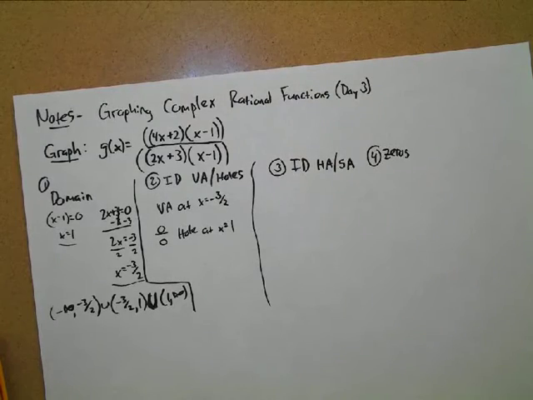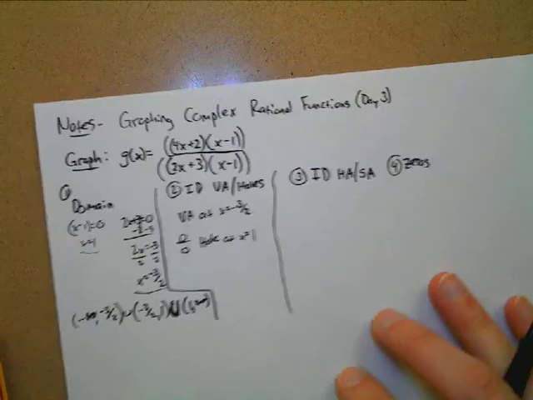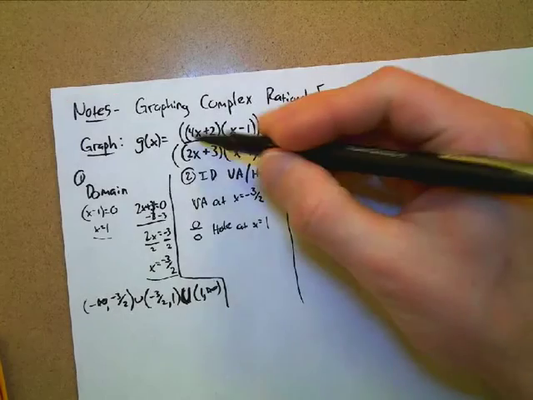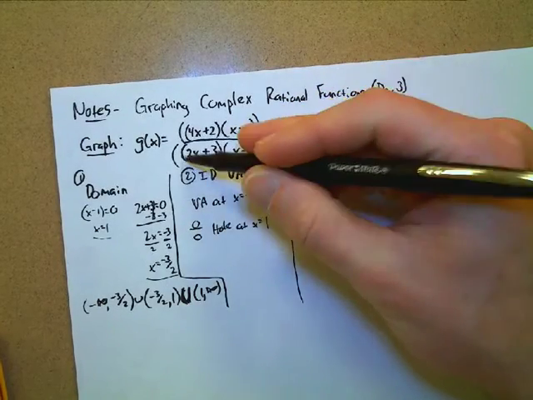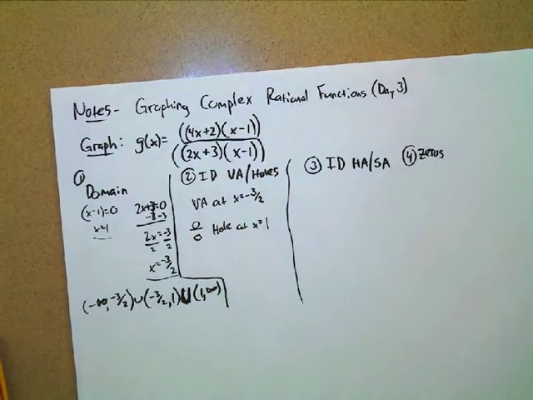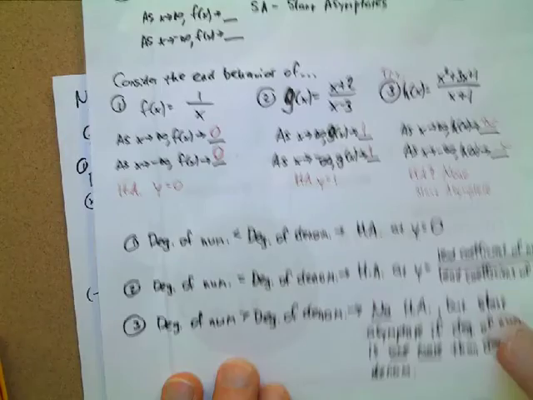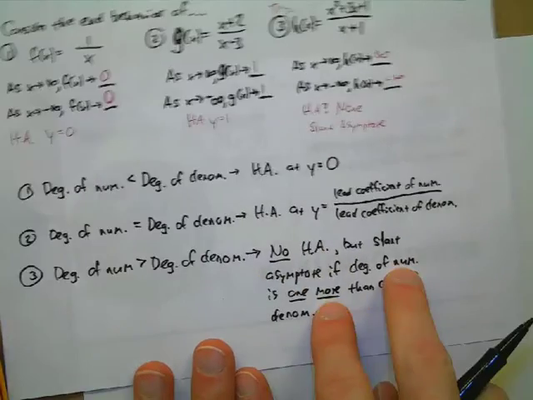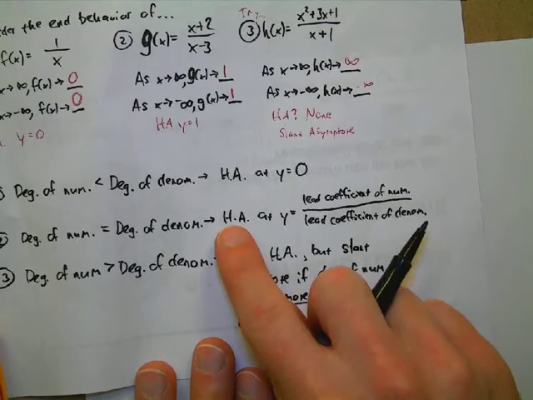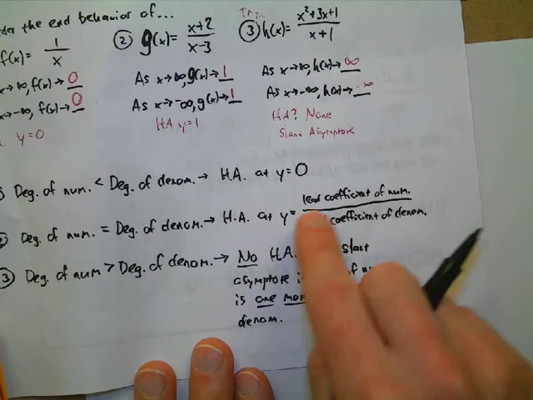We have to look at the degree. What is the degree of the numerator here? 2. What's the degree of the denominator? 2. So it's the same. When the degree of the numerator is the same as the degree of the denominator, then you have a horizontal asymptote at y equals the lead coefficient of the numerator divided by the lead coefficient of the denominator.